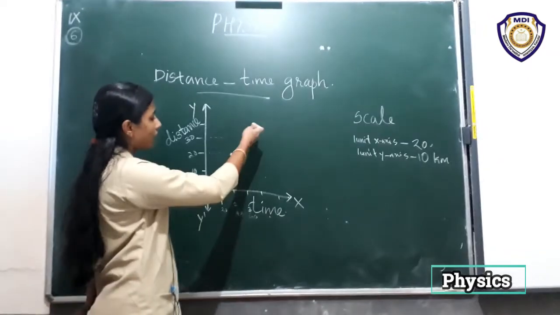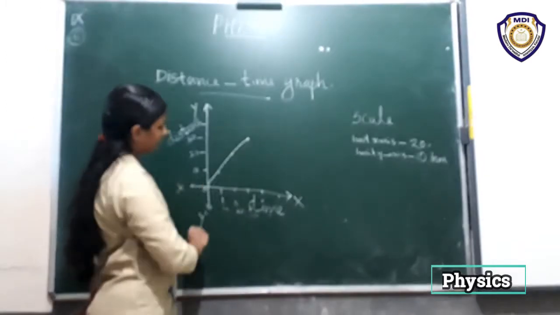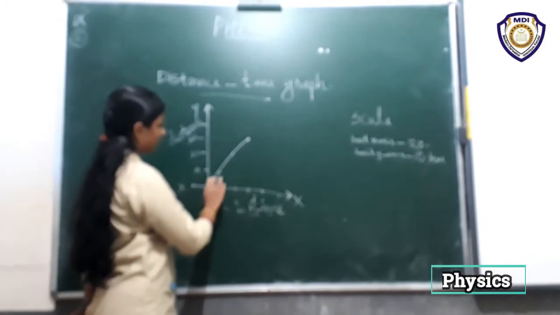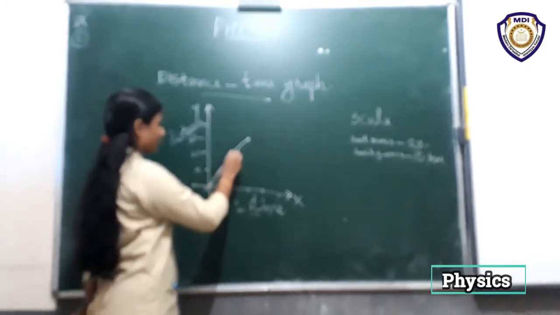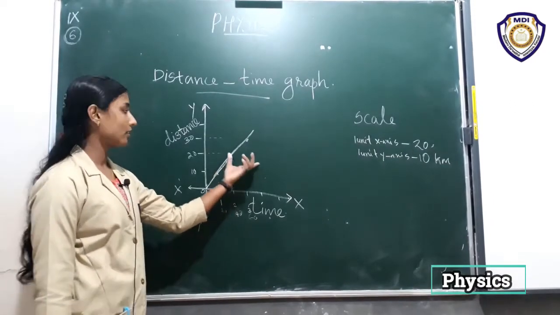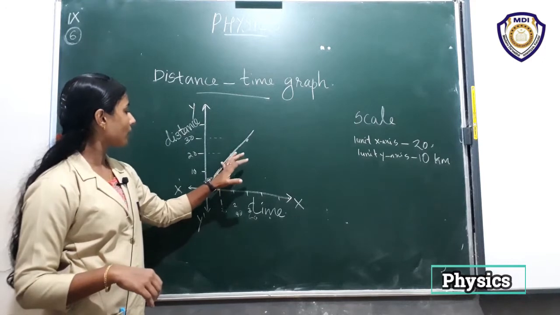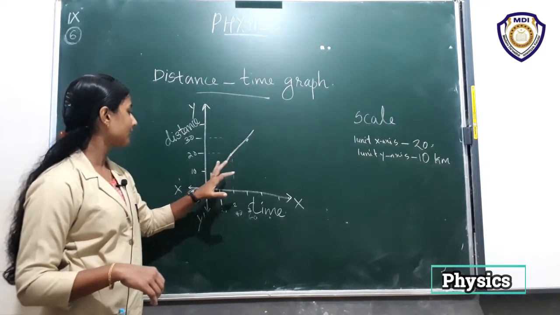So what will be the graph? The graph will be a straight line originating from the origin, right? This is a rough figure that I drew by freehand, so it may have some defects, right?